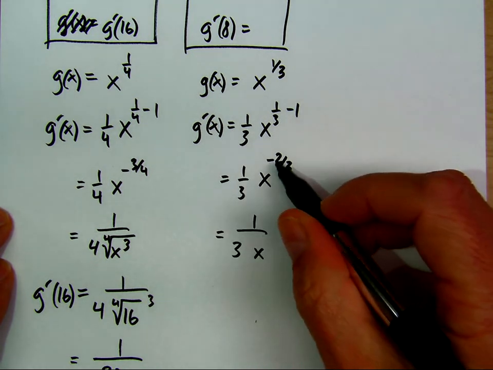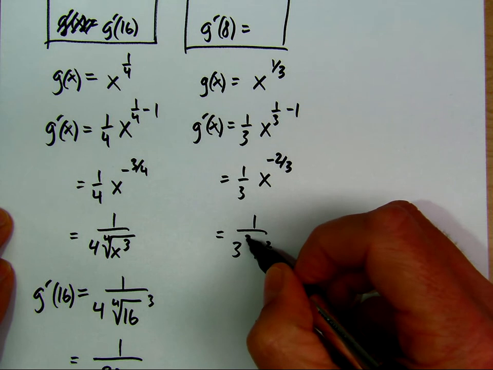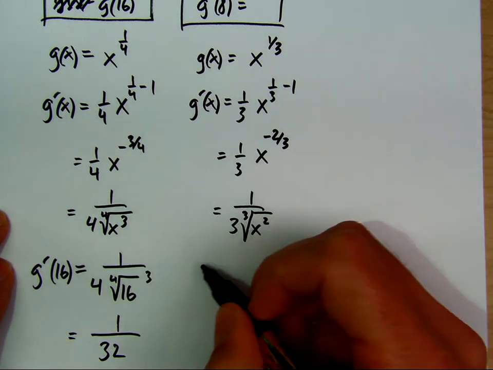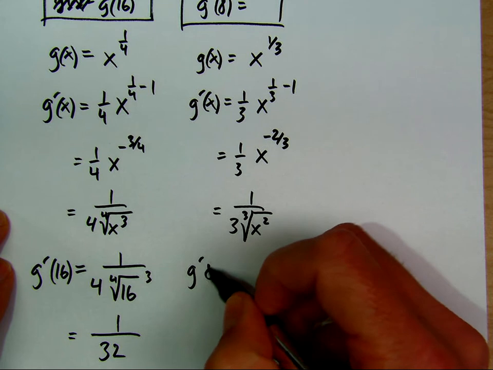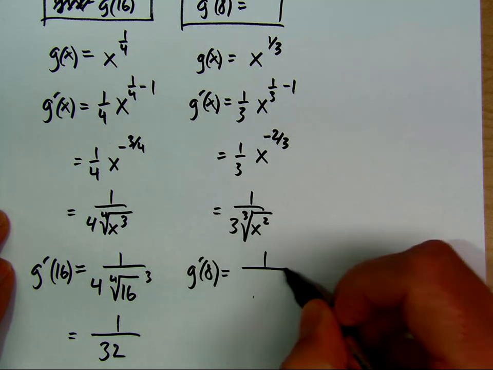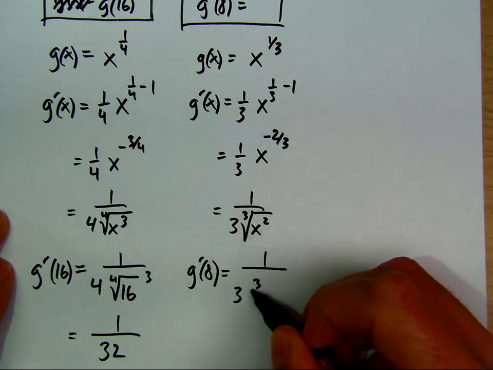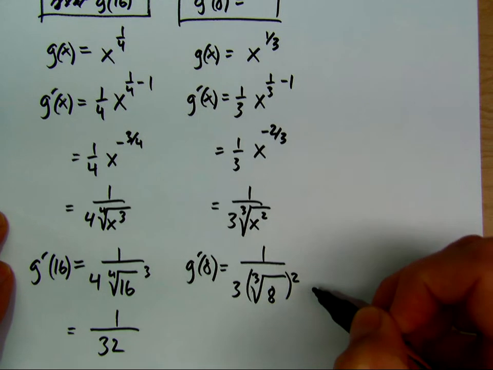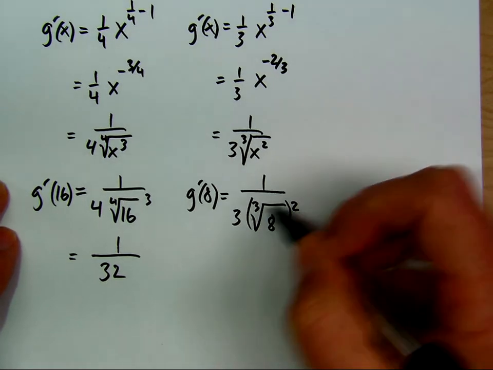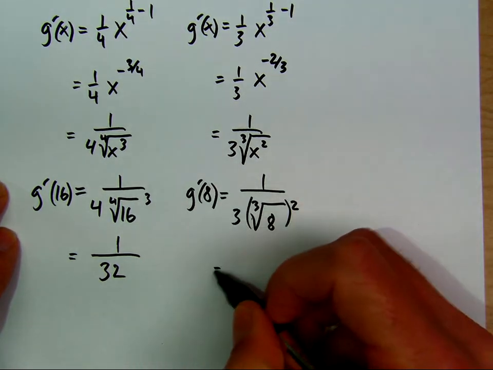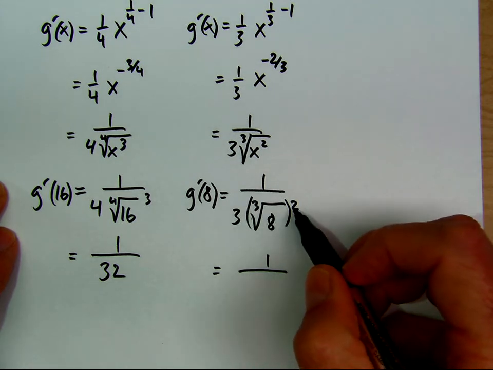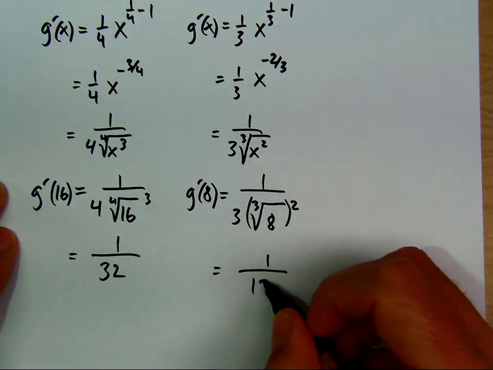Third root of x squared. And then we can substitute an 8. And cube root of 8 is 2. 2 squared is 4. 4 times 3 is 12.